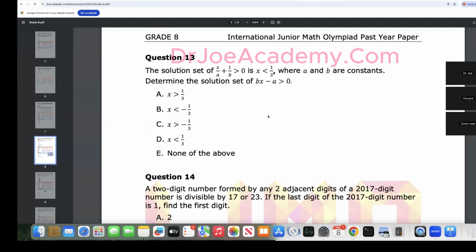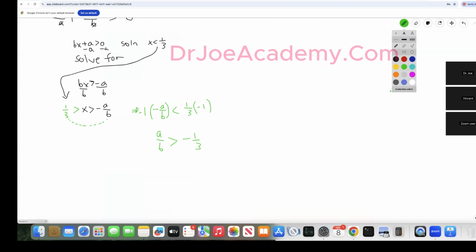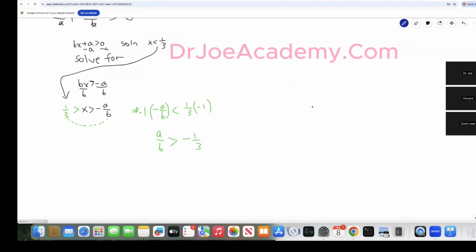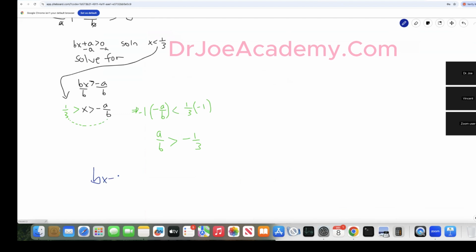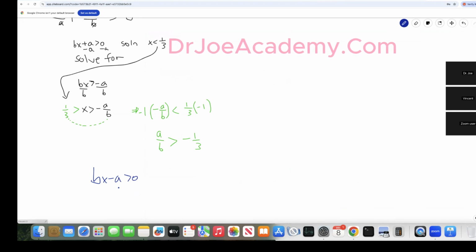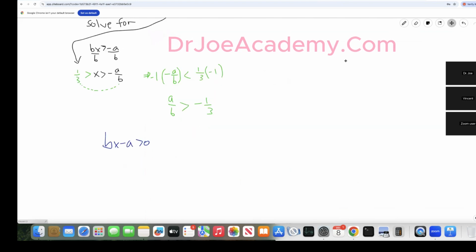So if you look at this, it says determine the solution set of bx minus a is greater than 0. All right, let's go with blue. So bx minus a is greater than 0. Let's solve for a over b or negative a over b, something similar to what we have up there so that we can compare them, right?